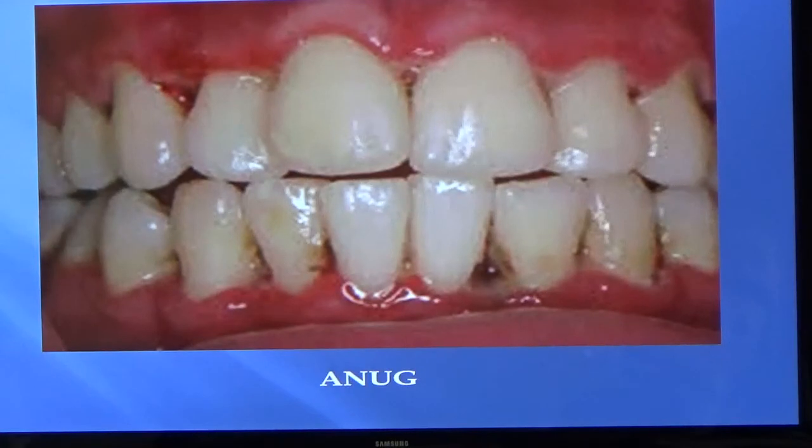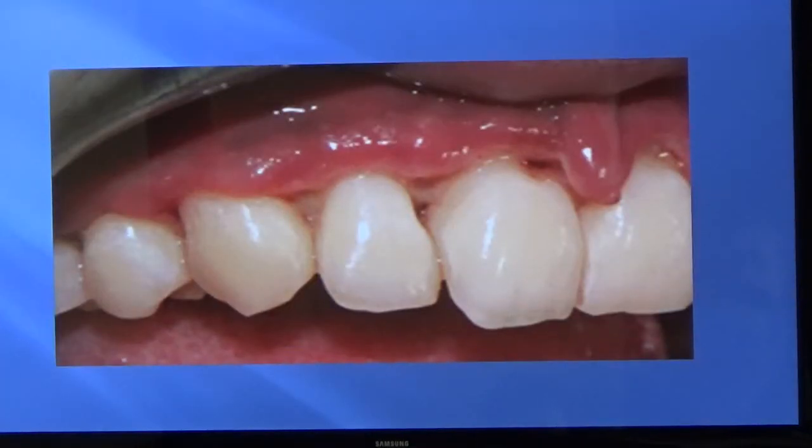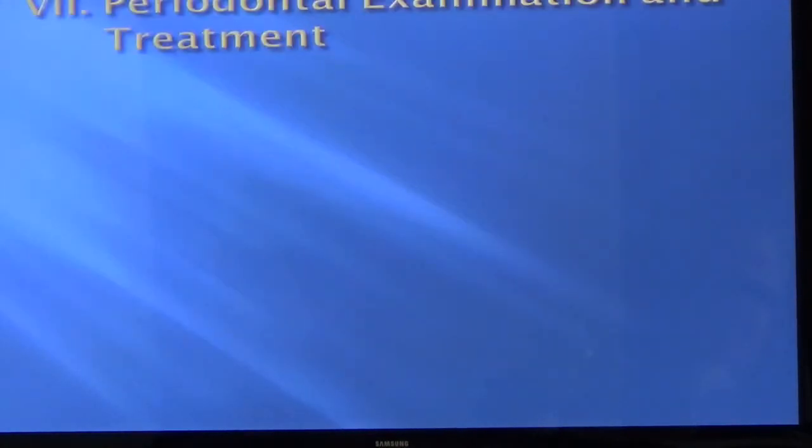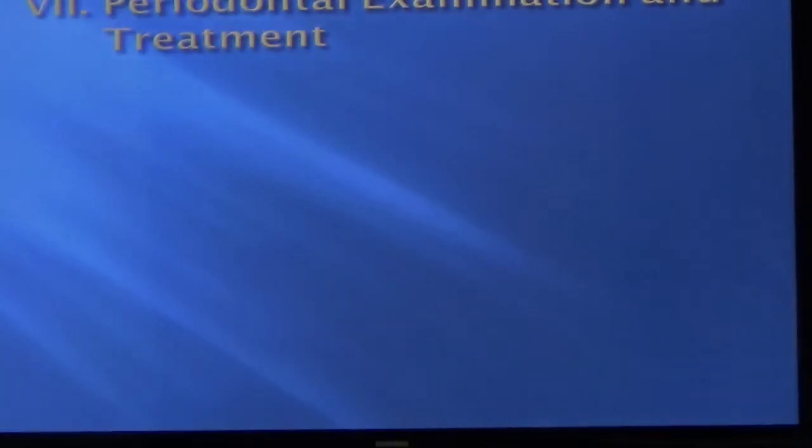It's called acute necrotizing ulcerative gingivitis, ANUG. You can see the gum tissue dying and sloughing off, and when you touch it, it bleeds, and you can get pus draining from it. Those we send off to the periodontist.